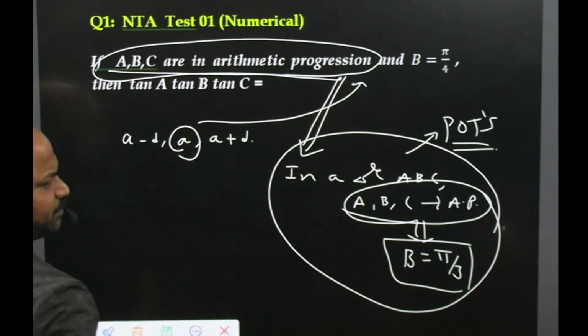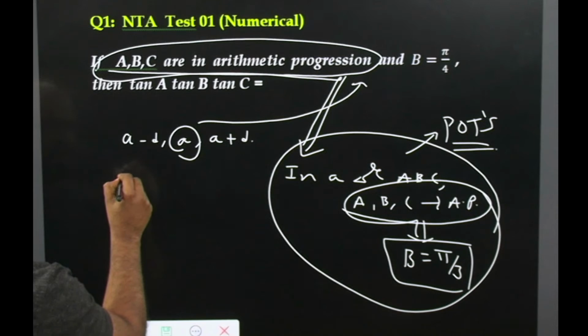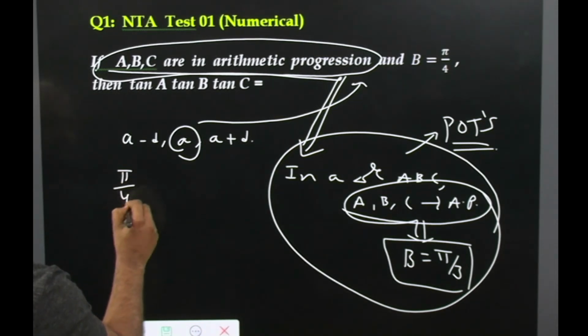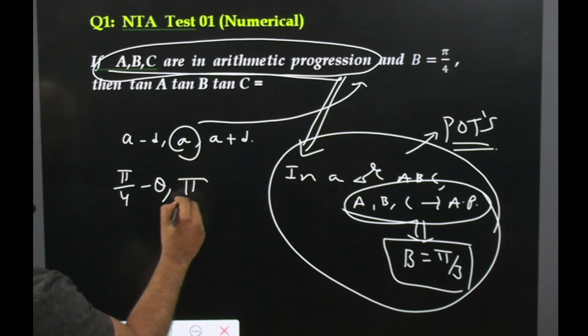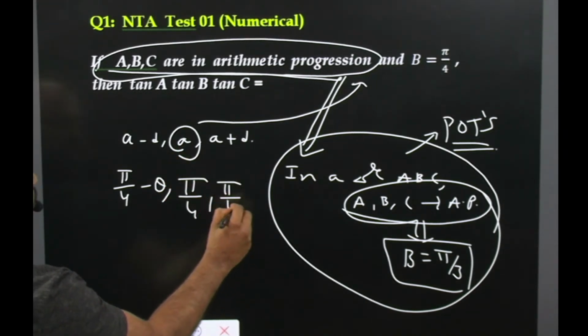Indirectly pi by 4. So my angles will become pi by 4 minus theta, pi by 4, and pi by 4 plus theta.